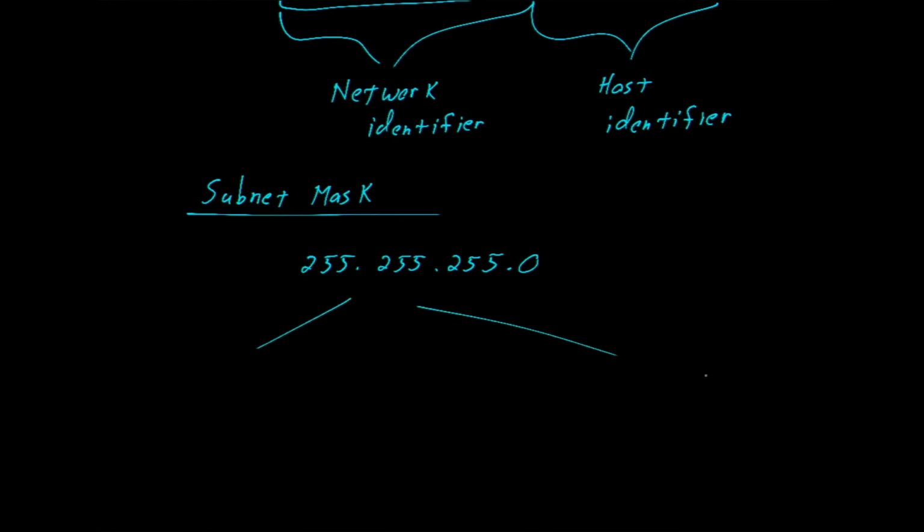If you take the number 255 and you convert that into binary, you end up with 1, 2, 3, 4, 5, 6, 7, 8. So that's 8 ones, another 8 ones, and yet another 8 ones, and then 8 zeros. Here's how that subnet mask works.